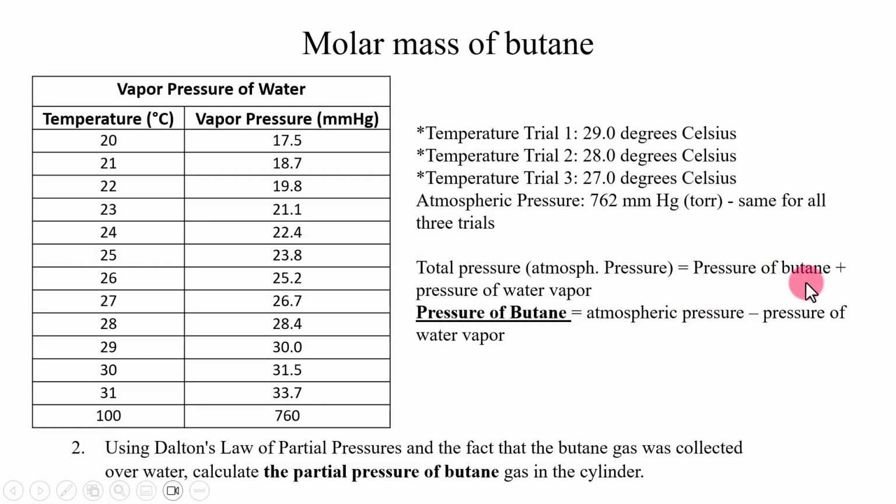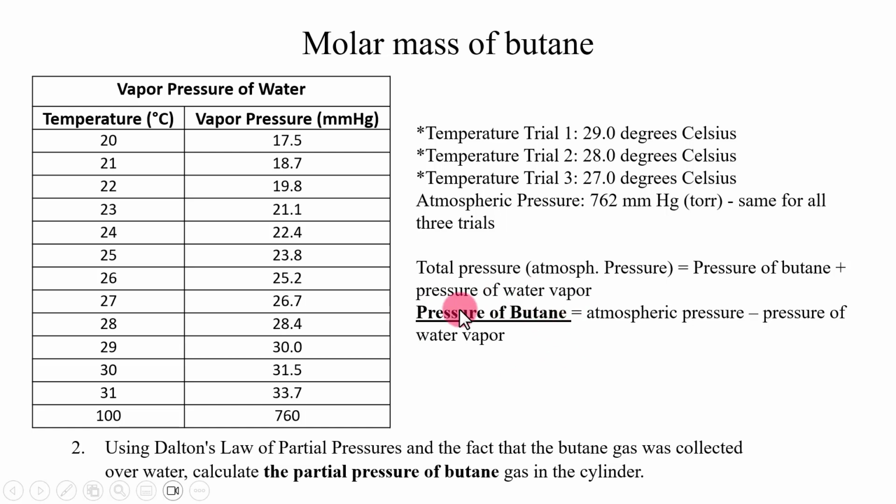going to be the pressure of butane gas plus the pressure of water vapor, since the butane was collected over water. And therefore, there's going to be a little bit of water vapor trapped with the butane in that cylinder. And because there's a little bit of water vapor in there, it's going to exert a little bit of a partial pressure.